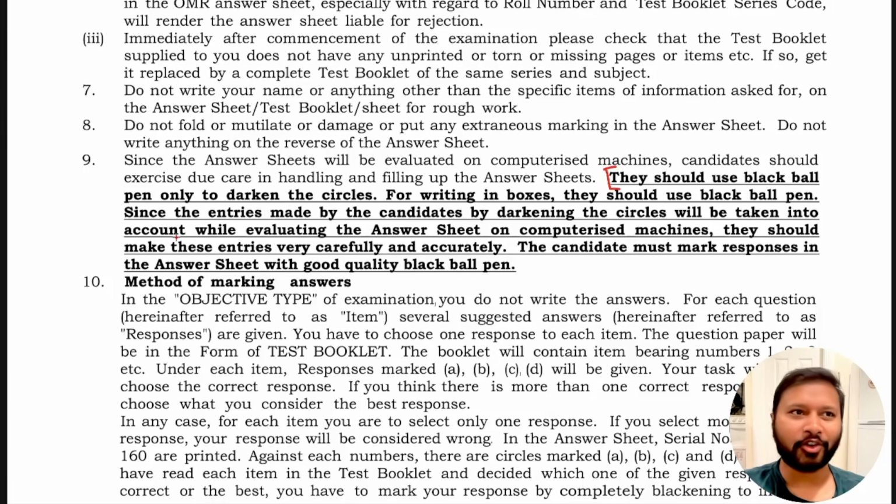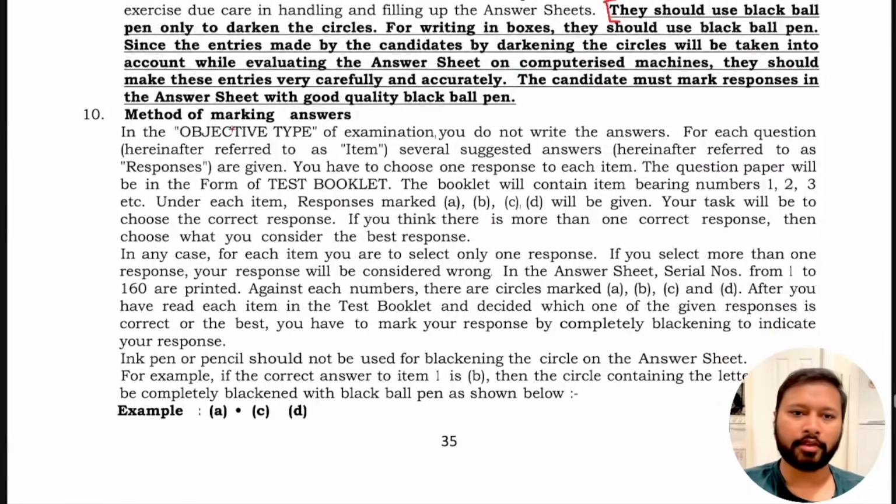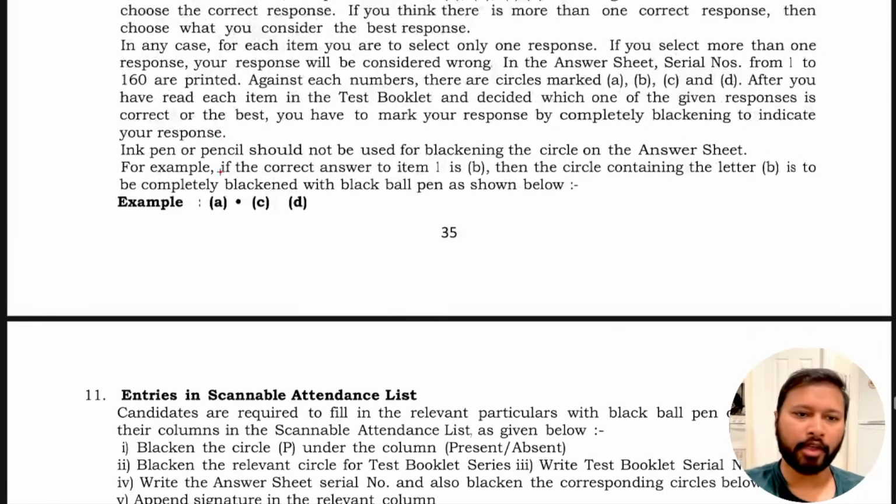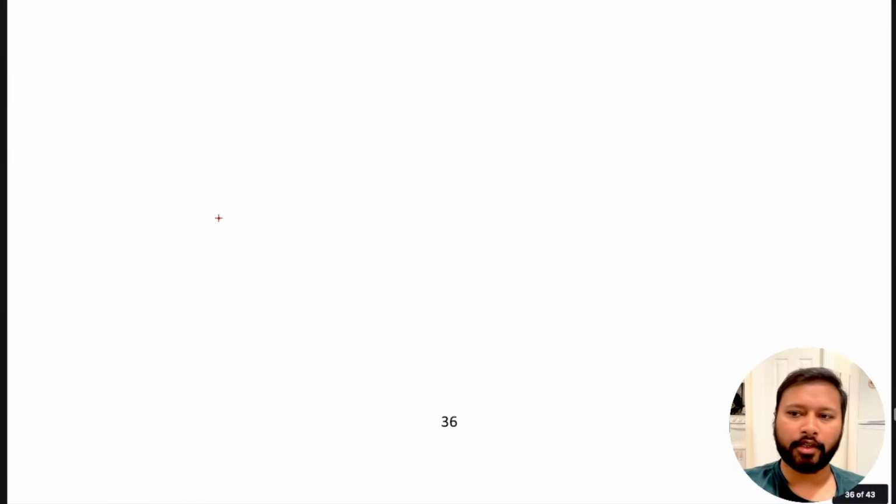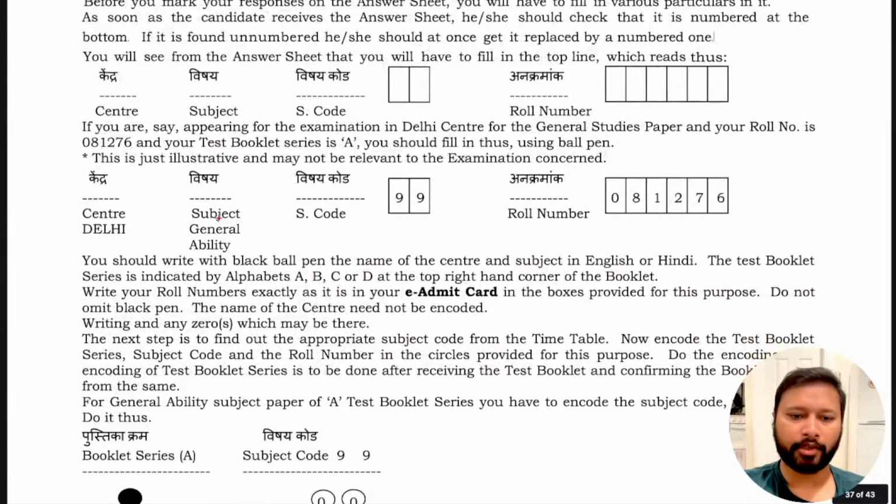For those who are not aware of OMR sheets, there are circles and you have to fill those circles. So you have to use a black ball pen to do that. And that is mentioned over here. The objective type answers will also have negative marking, which has already been mentioned. How to mark the answer is also shown over here. And that's pretty much it.